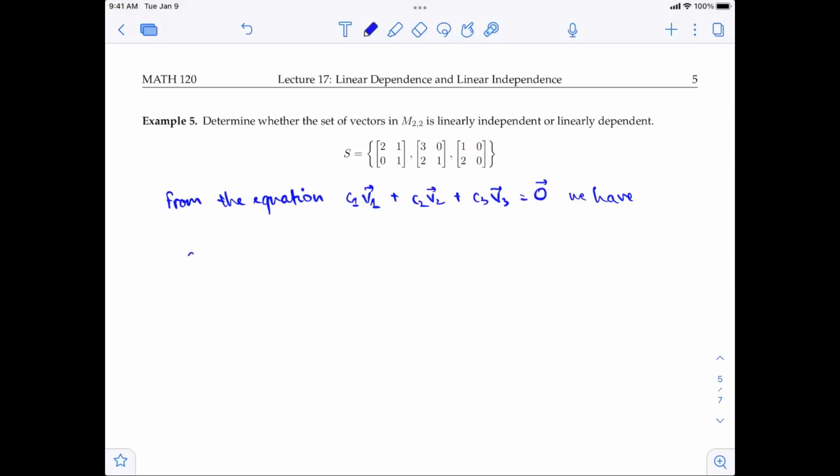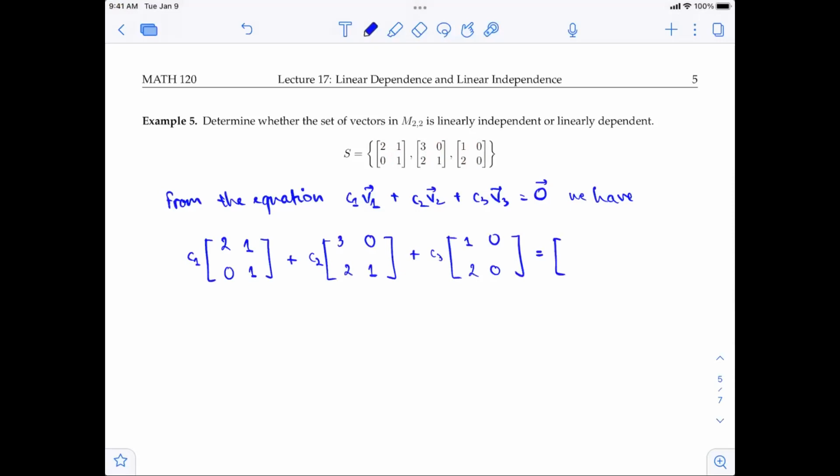So we get C1 times the matrix 2, 1, 0, 1 plus C2 times the matrix 3, 0, 2, 1 plus C3 times the matrix 1, 0, 2, 0, equal to the right hand side. Because we are considering 2x2 matrices, the right hand side should be a 2x2 zero matrix: 0, 0, 0, 0.